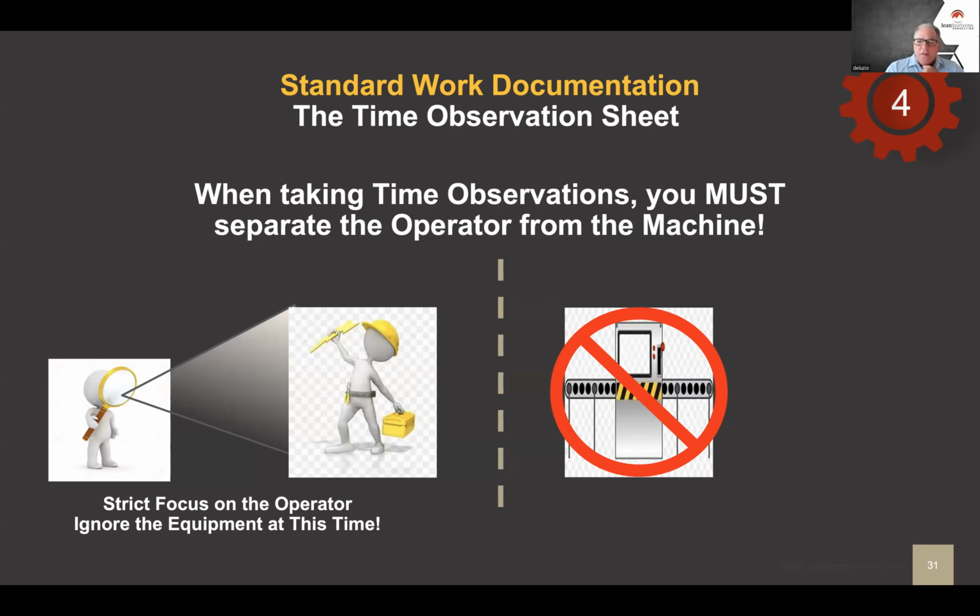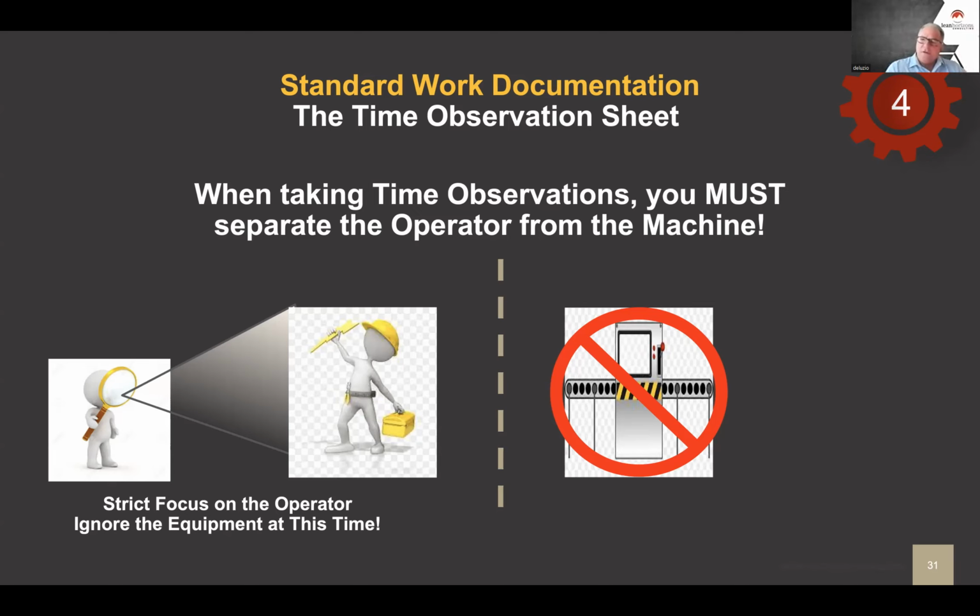Again, separating the operator from the machine is very important. When you're doing this, you're just documenting the cycle time of the operator, only focusing on the operator. Right? Now, that operator might come over and unload and load a piece of equipment, but I'm still looking at the operator. Unload is a step. Cleaning off the fixture is a step.